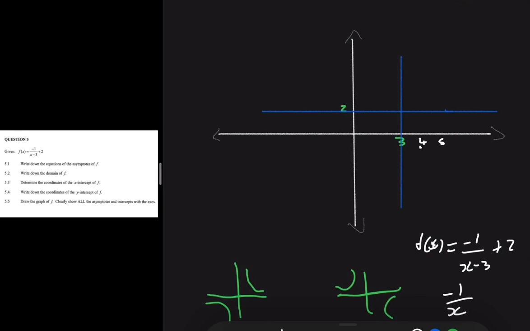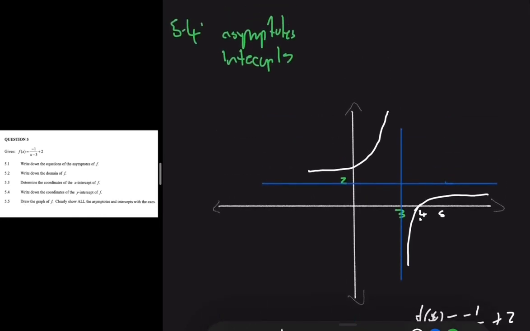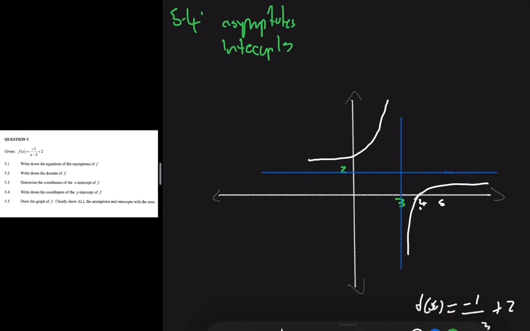Suppose you cut here on the x-axis, and then it will be like that, and then another wing will be in the second quadrant, made by the asymptotes, right? And another thing we're supposed to indicate is the intercepts.